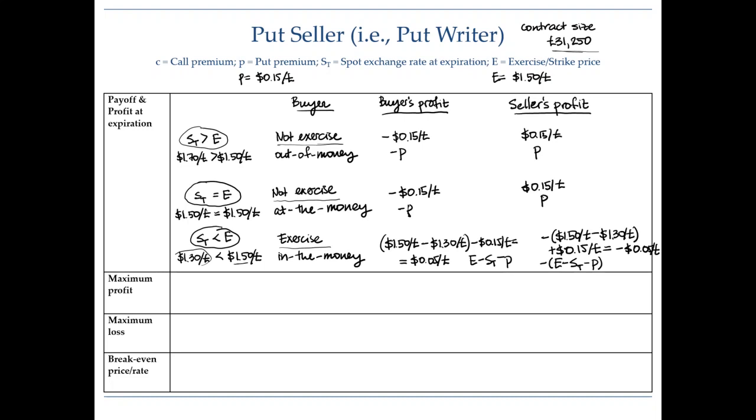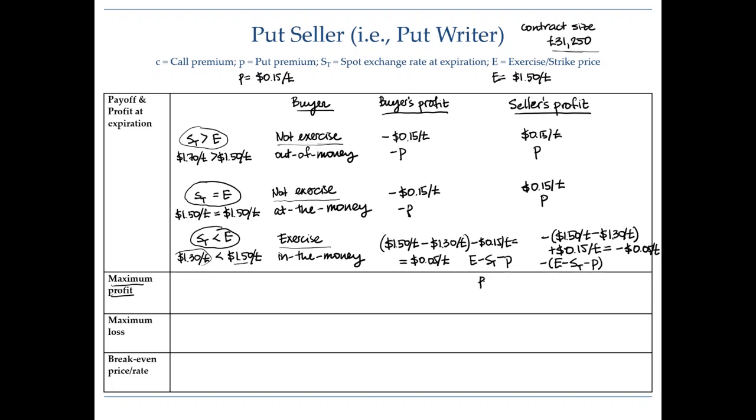So now let's take a look at maximum possible profit for the seller. As you can see, the best case scenario for the seller is if the seller were just to keep the premium. Let's say the buyer does not exercise this contract and seller simply keeps the premium. That's the best possible scenario for the seller.